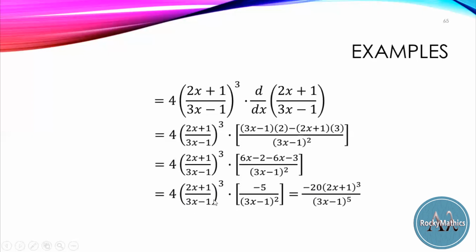Now, since we have the same denominator and the exponent of this denominator is raised to 3, all we have to do is add the exponents. We have 3 and we have 2, so we come up with the quantity of 3x minus 1 raised to 5. So this is now our final answer. This is the derivative of the given function earlier.